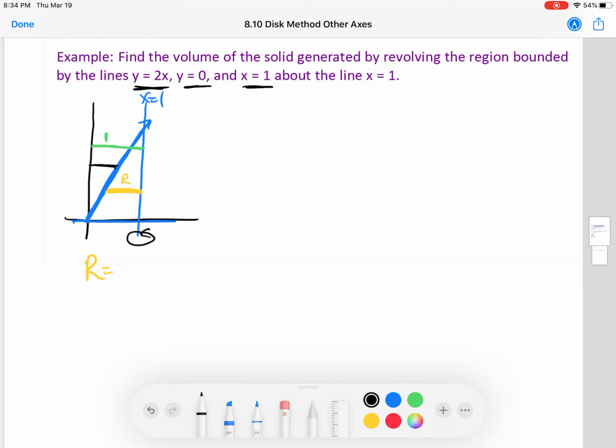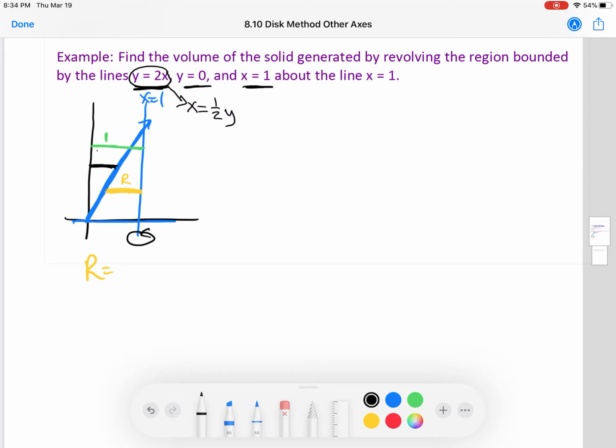The distance in black is a little trickier, because it's this distance right in here. So how do we figure out what that is? It uses the equation of that line, y equals 2x, but we want the x value, not the y value, so I have to solve that equation for x.